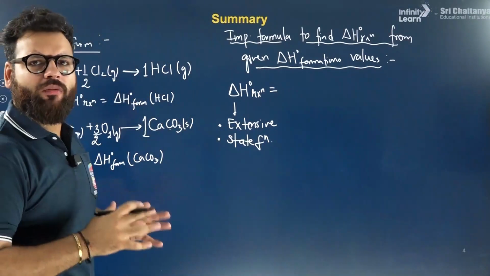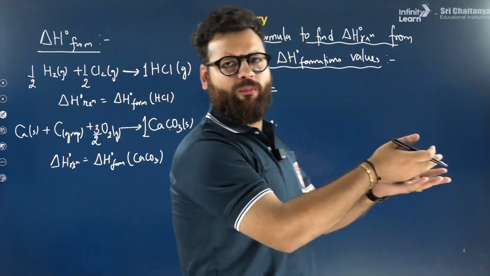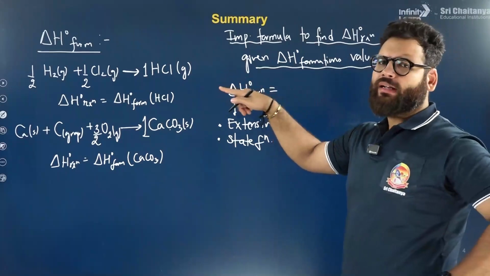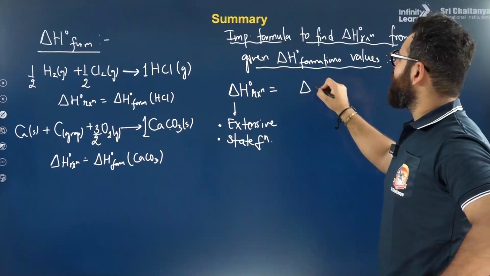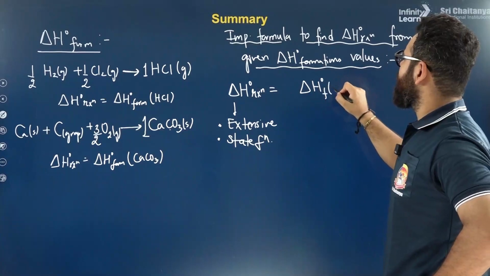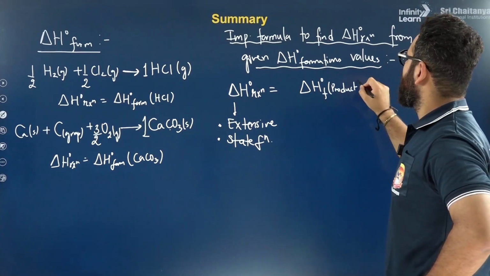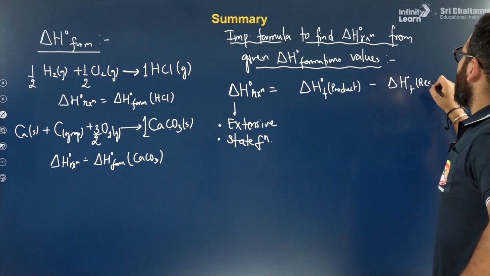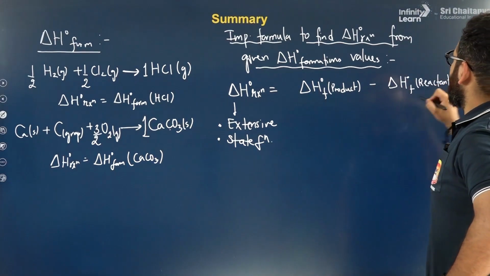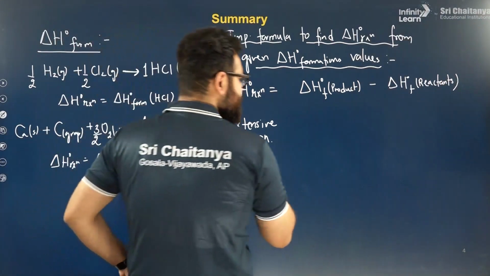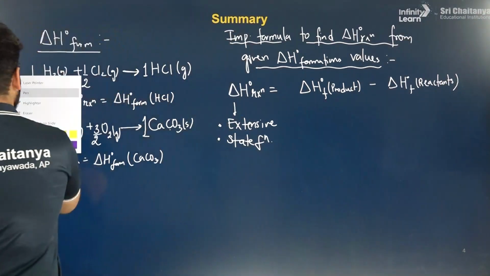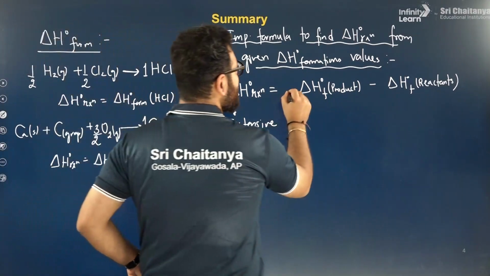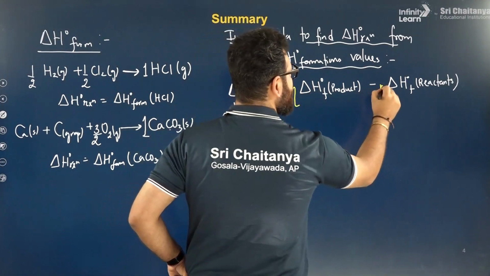State function means always enthalpy change will be enthalpy of product minus enthalpy of reactant. So the formula is, to find delta H of any reaction, you can take formation enthalpies of products, and subtract from it the formation enthalpies of reactants. The formula is not just this much. Before taking the formation enthalpies, you must multiply them with the particular stoichiometric coefficient as well.